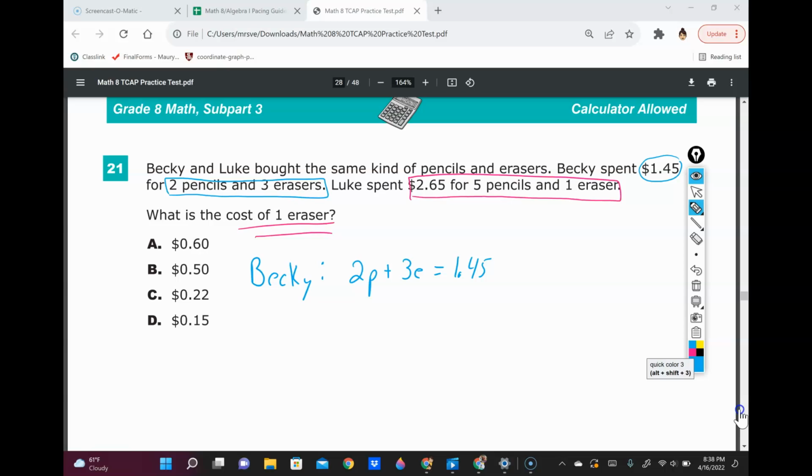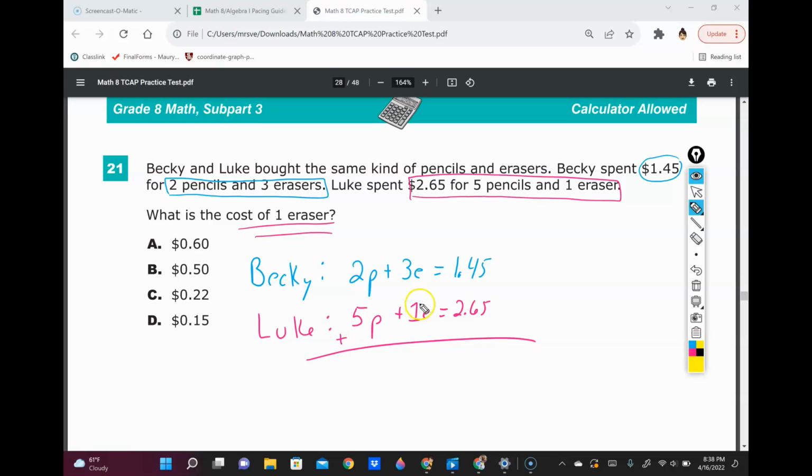Luke bought 5 pencils and 1 eraser for $2.65. So if I'm doing elimination here, I would want something to eliminate, either my P's or my E's.